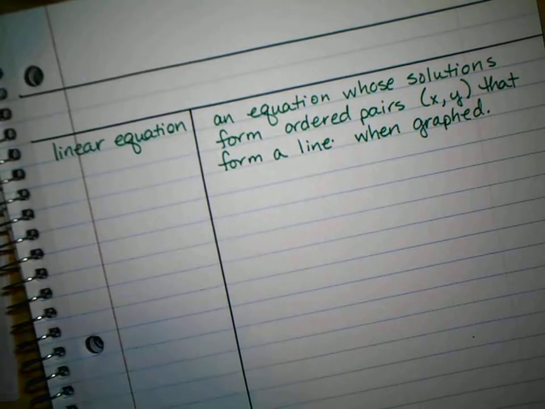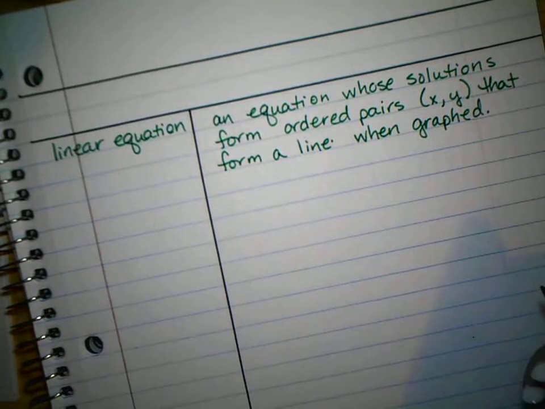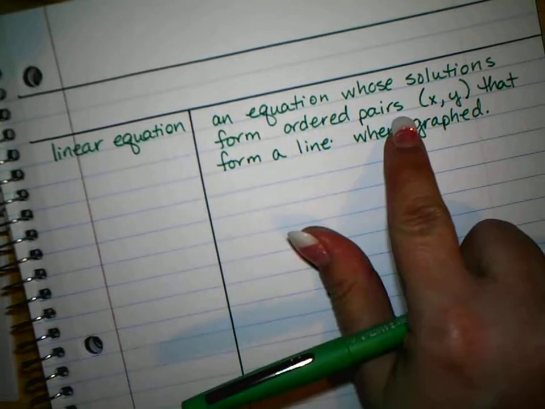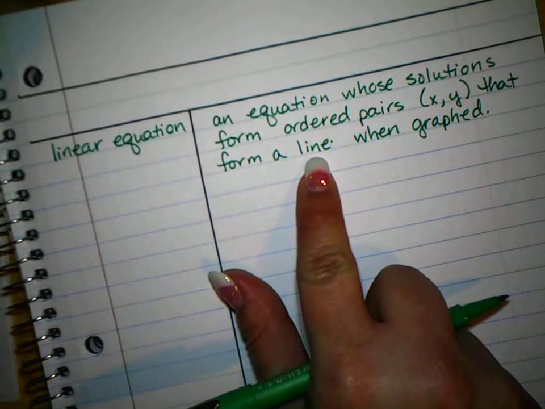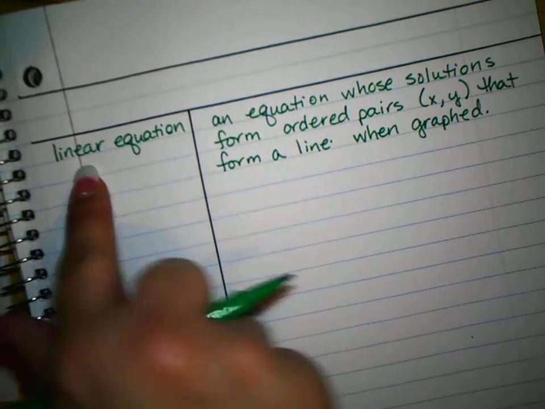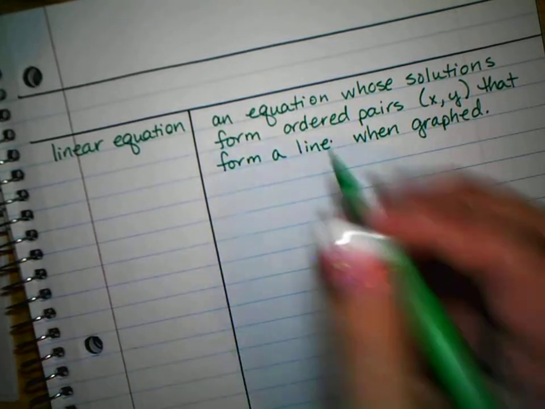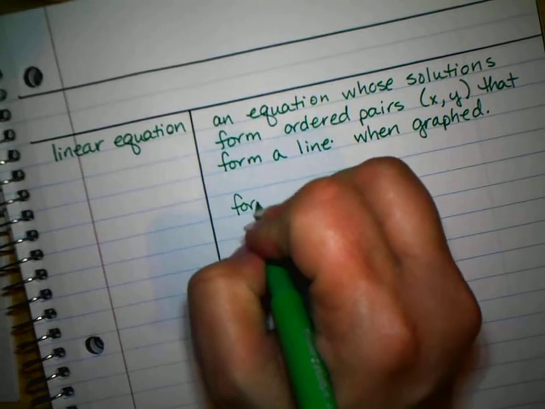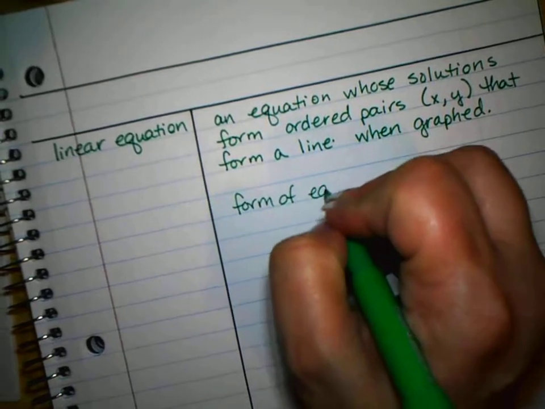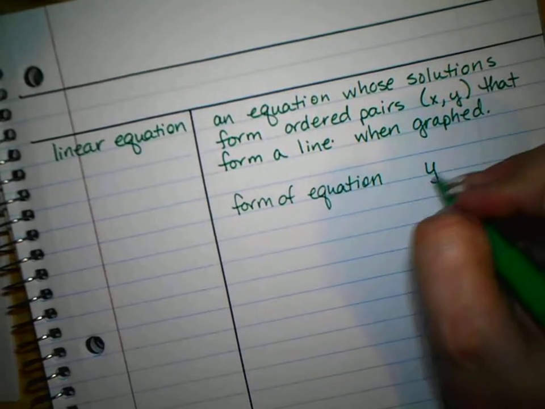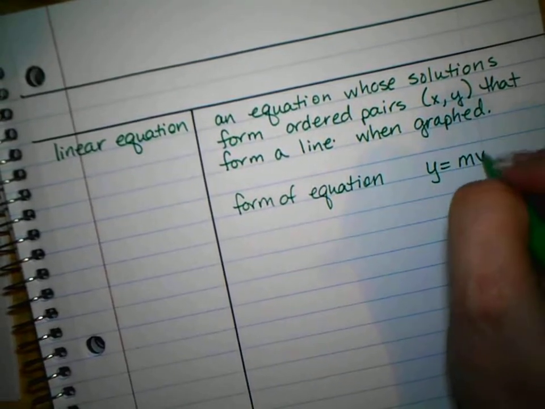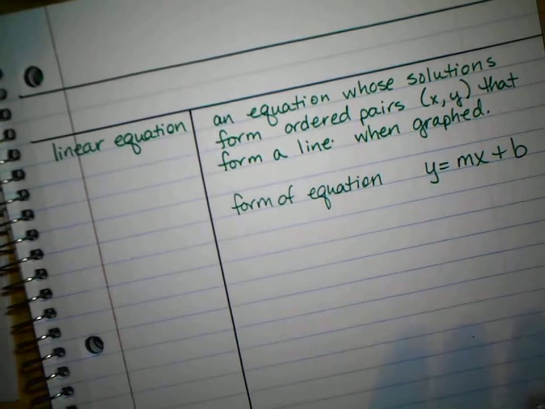A linear equation is an equation whose solutions form ordered pairs (x, y) that form a line when graphed. That's one reason why we call it linear. Linear means it forms a line. And the form of the equation is y = mx + b.